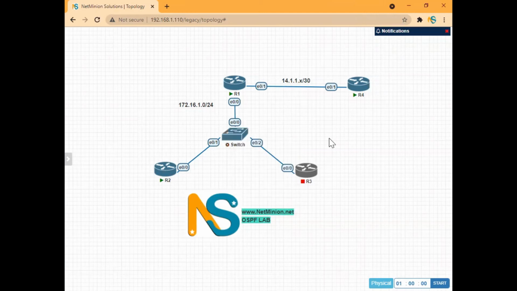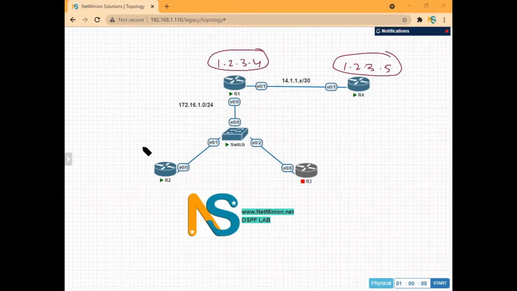Let me ask you one more question. Currently, in this particular topology, 1.2.3.5 is the RID configured over here, and 1.2.3.4 is configured over here. This is a new router which is booted up, and I need to make some configuration on it.